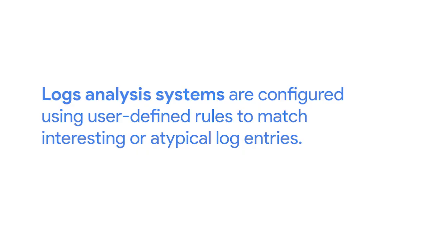As you learned in earlier courses of this program, log and analysis systems are a best practice for IT support specialists to utilize and implement. This is true, too, for network hardening. Logs analysis systems are configured using user-defined rules to match interesting or atypical log entries. These can then be surfaced through an alerting system to let security engineers investigate the alert.